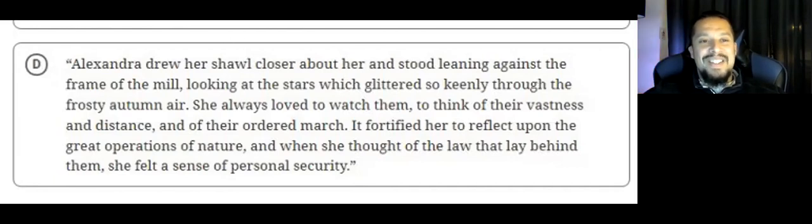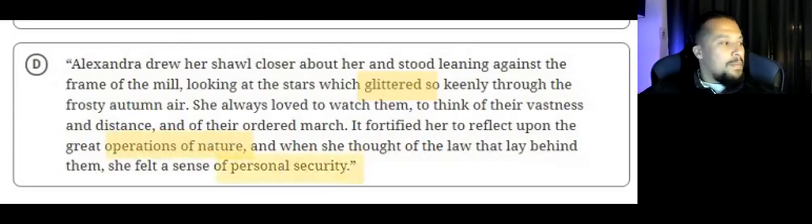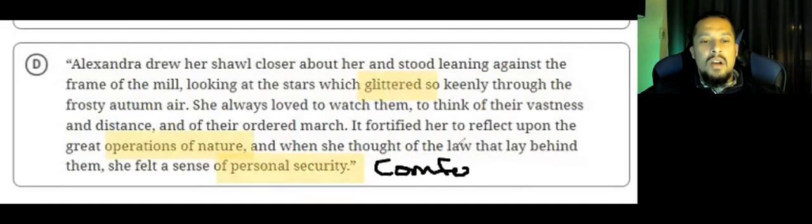It's talking about the glittering night sky, and she loves to think of them in their vastness, and her thinking about the operations of nature makes her feel personal security. So this personal security obviously does indicate a degree of comfort that Alexandra feels from nature.